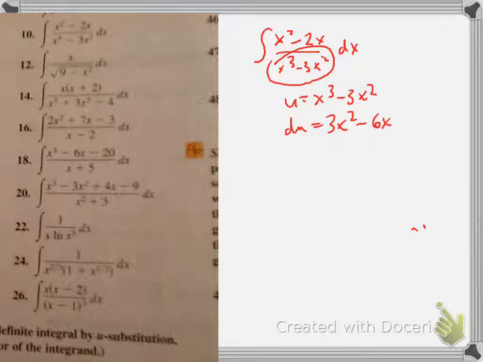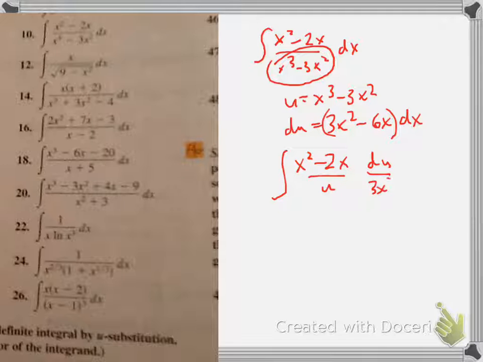I'm going to erase my handwriting. So we have the integral of x squared minus 2x over u, and substitute in for dx, du over 3x squared minus 6x.